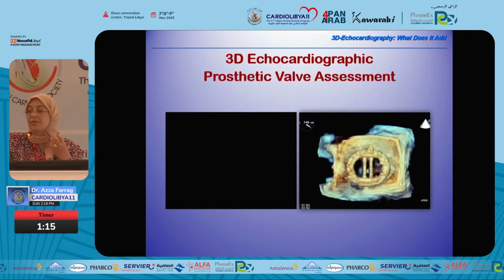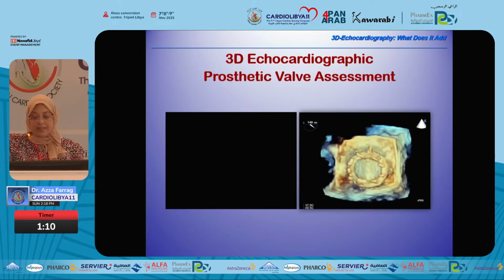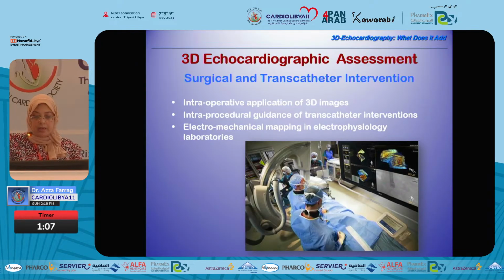Prosthetic valve is very clear to be assessed, especially the occluders and any presence of masses in the prosthetic bileaflet valve.